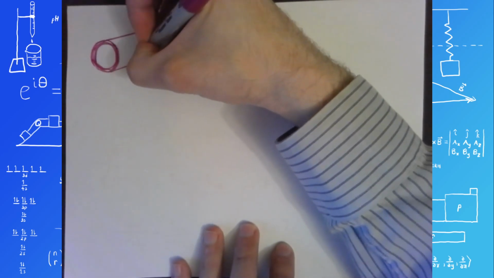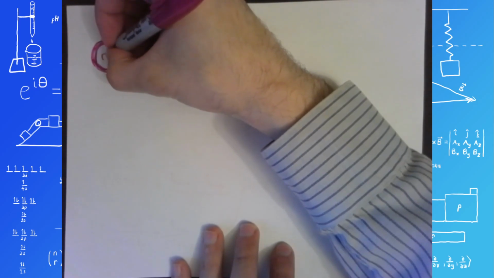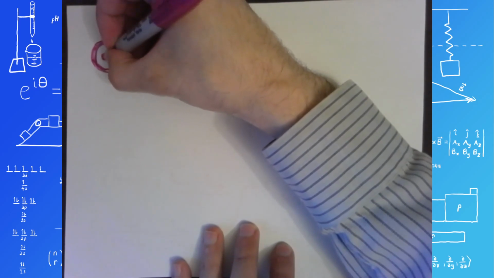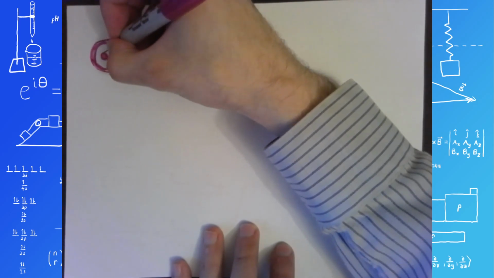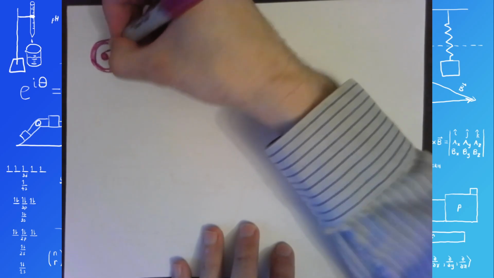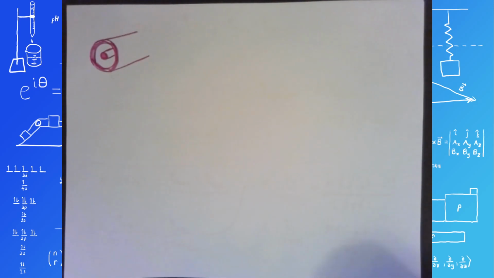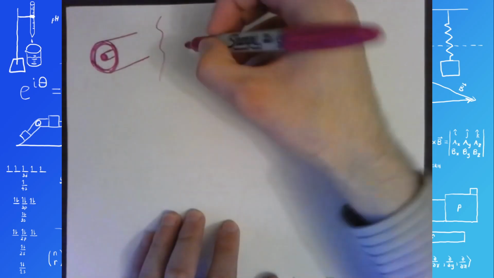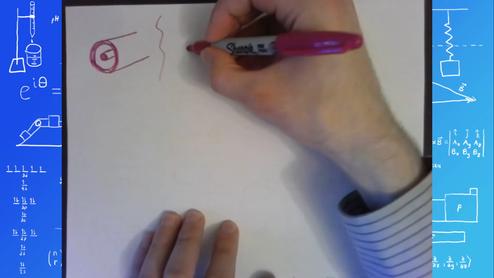They've drawn something like this, and then on the inside is yet another cylinder. Both of these are conductors. And then they've got the cross-section view, which is just staring right down the thing.